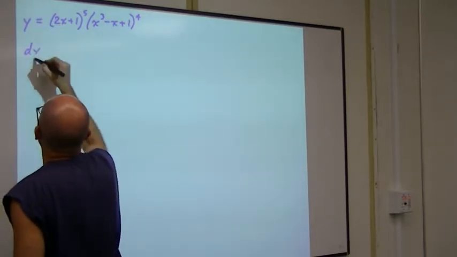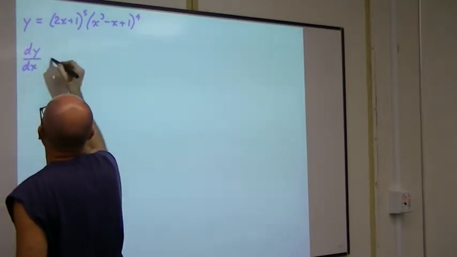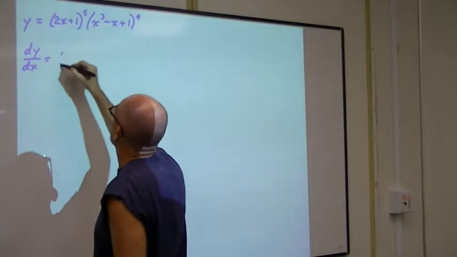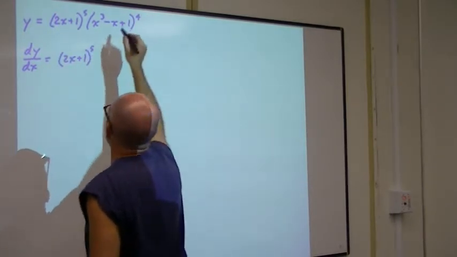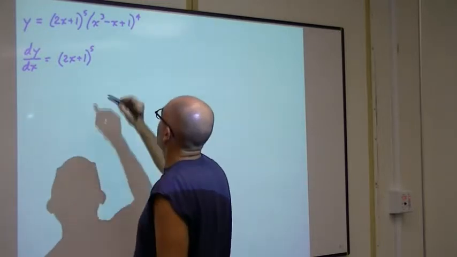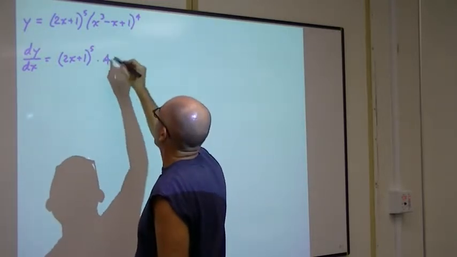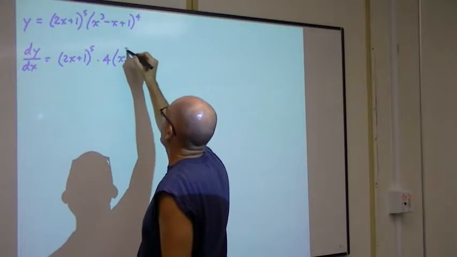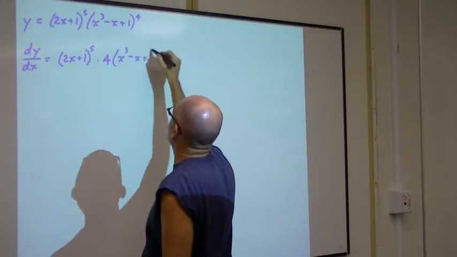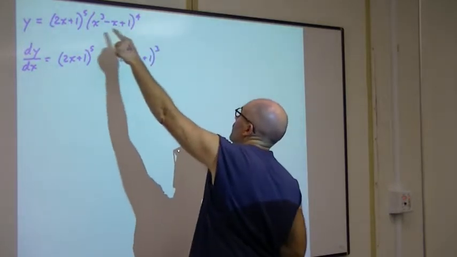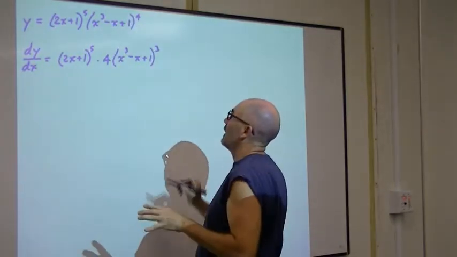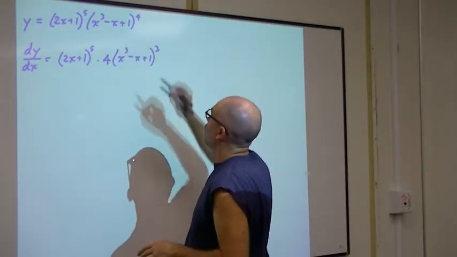So dy/dx equals first times derivative of the second. What's the derivative of the second? It's 4 times (x cubed minus x plus 1) to the 3rd. Notice all I did was treat this whole parenthesis like an x value. So I go 4 times the cube.